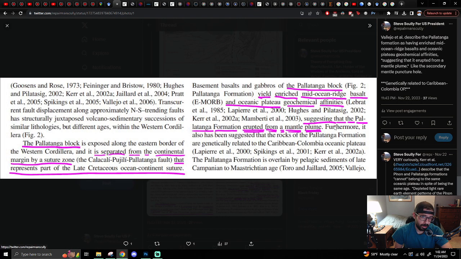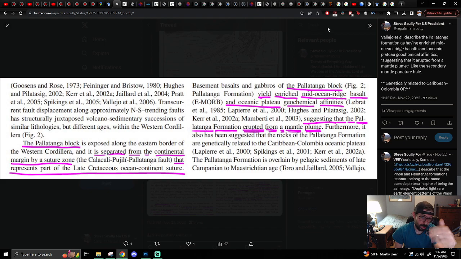Then I go on to say, furthermore, it has also been suggested that the rocks of the Pallatanga Formation are genetically related to the Caribbean Colombian Oceanic Plateau, the Caribbean Large Igneous Province I've been mentioning. Another name for it, I'm not sure the most used name. I think Caribbean Large Igneous Province, but I'm not completely sure. But the geochemistry of this suggests that it's genetically related to the Caribbean Colombian Oceanic Plateau.